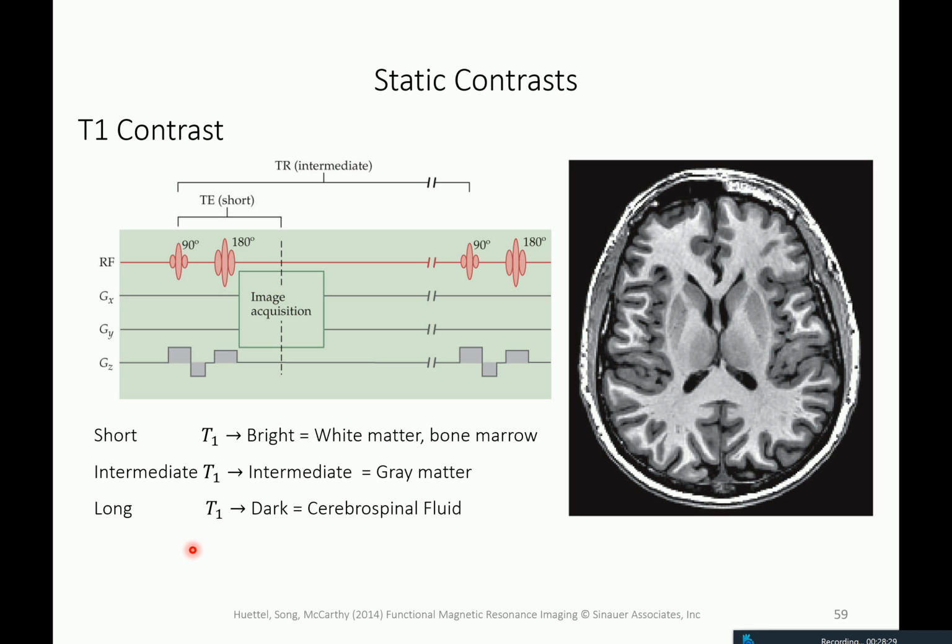So this then shows how T1 weighted images look. These are the typical anatomical images that you see. So you use an intermediate TR to be sensitive to differences in the time constants, and you choose a very short TE to measure these differences immediately when you can measure them, so after the tip.